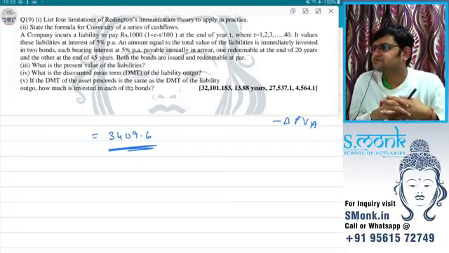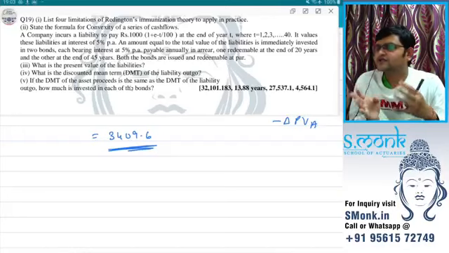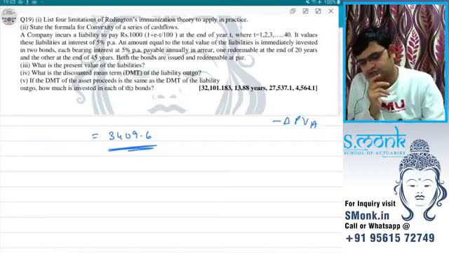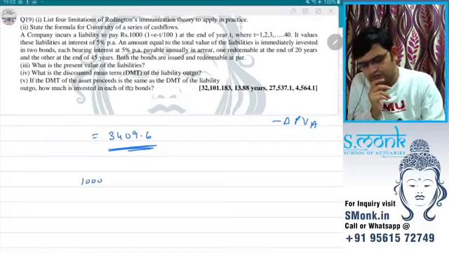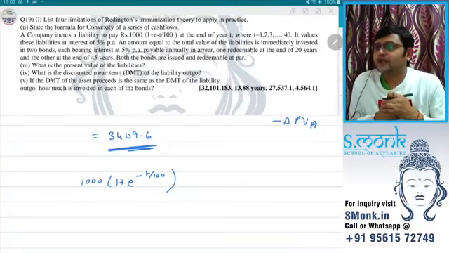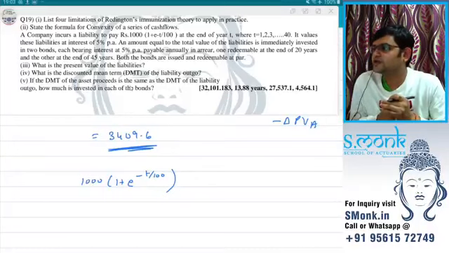Okay, they're saying a company incurs a liability to pay rupees this much, 1 plus e raised to... So for writing this question, there is a small mistake. It should be 1000 (1 plus e raised to minus t by 100), right? This is how it should be, at the end of t years, where t is 1 to 40. The value of these liabilities at an interest rate of 5% per annum.